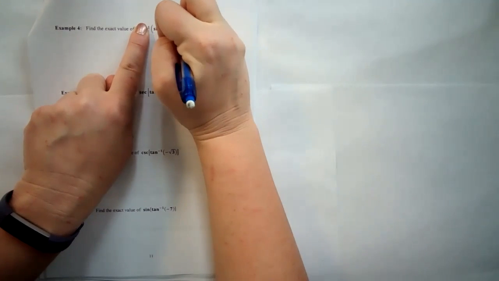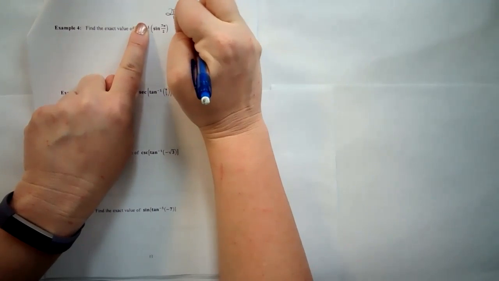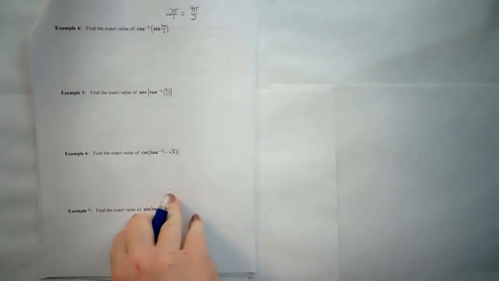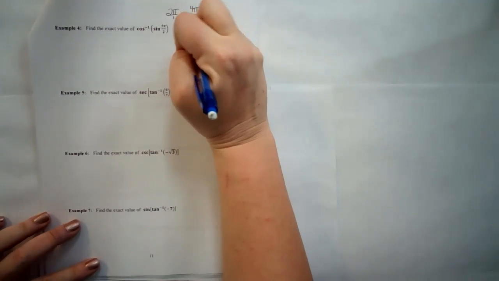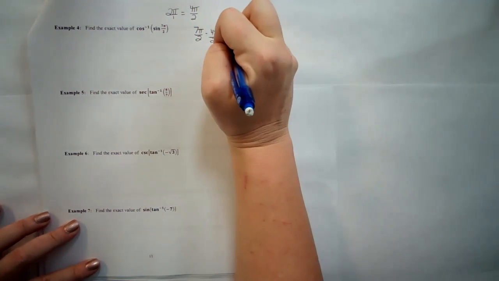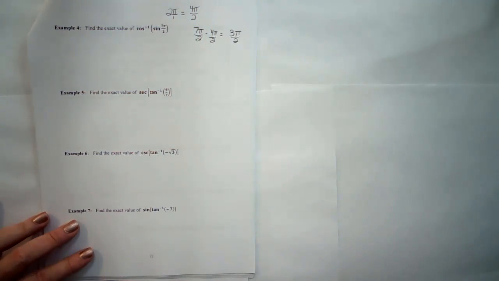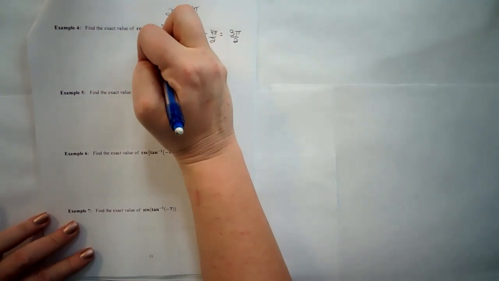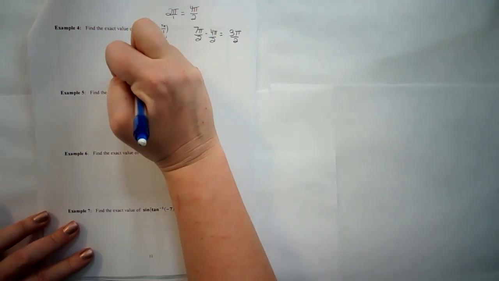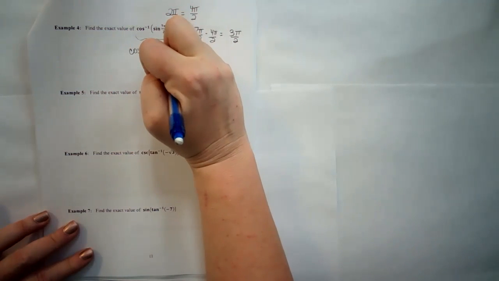I know 2 pi is going to be the same as 4 pi over 2, right? So if I take 7 pi over 2 minus 4 pi over 2, just subtracting out a rotation, I get 3 pi over 2. So I can really rewrite this as inverse cosine of sine 3 pi over 2.